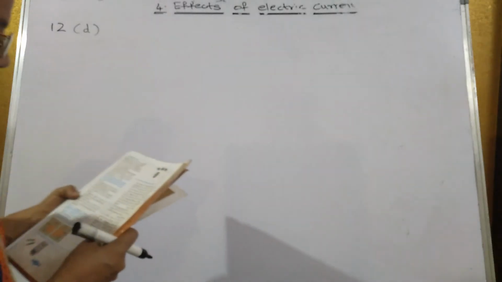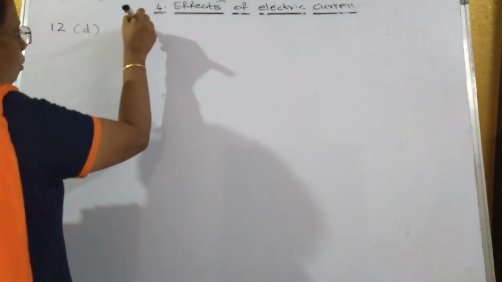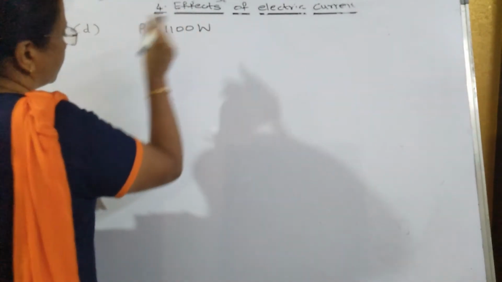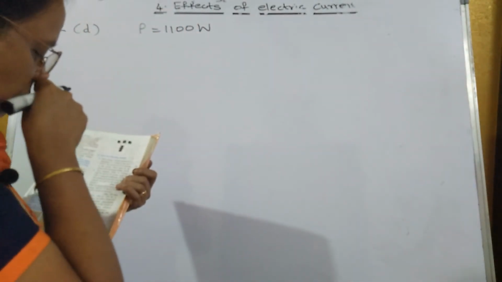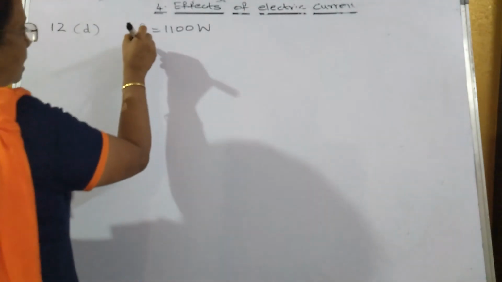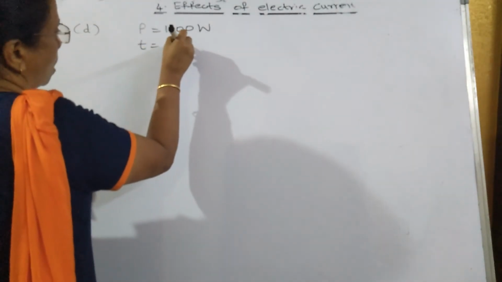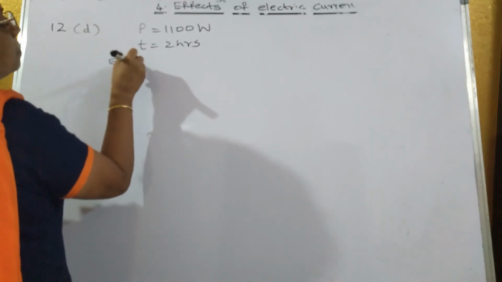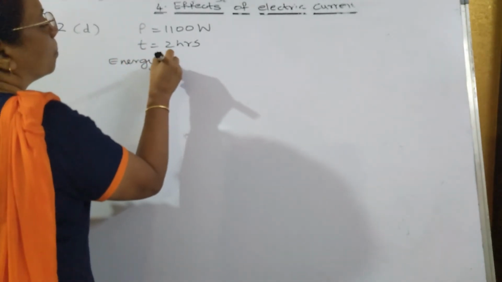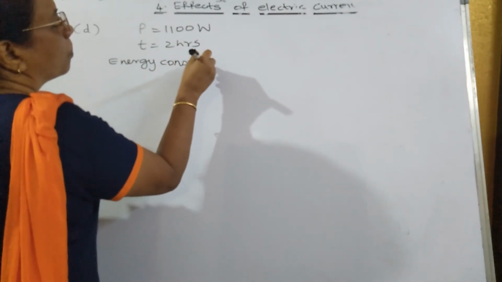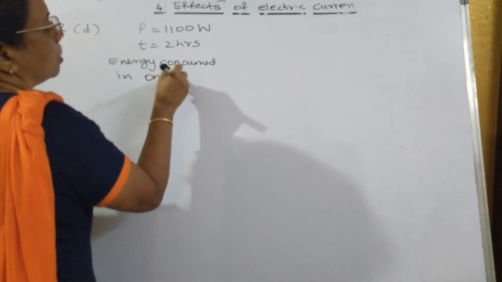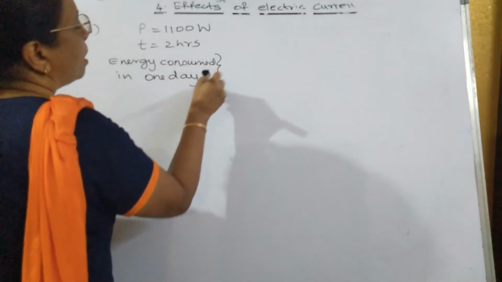Now sum number 12D, an electric iron of 1100 watt. So P is equal to 1100 watt. Time, it is operated for 2 hours daily. So T is equal to 2 hours. So energy consumed in 1 day.